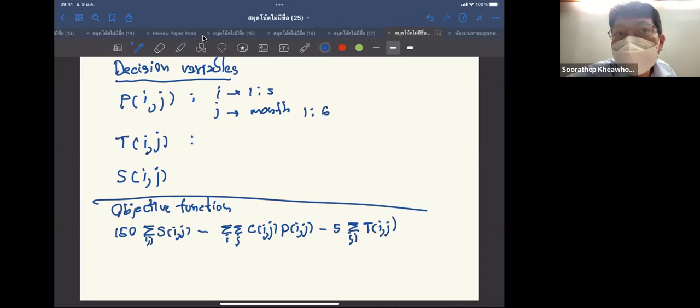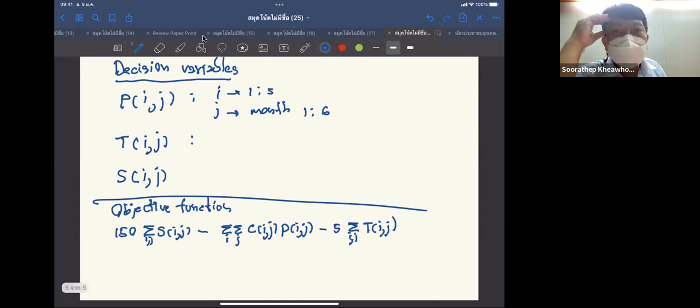How about what? You have 500 tons at the beginning. Yeah, we interpret it in the constraint, not here.